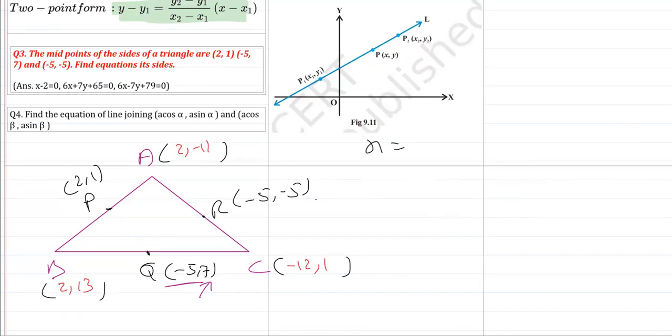Well, a in this case is 2. So we got the equation of AB, and the equation of AB is x is equal to 2.